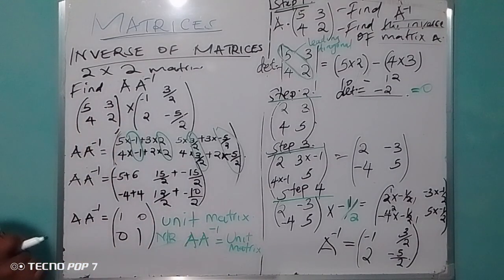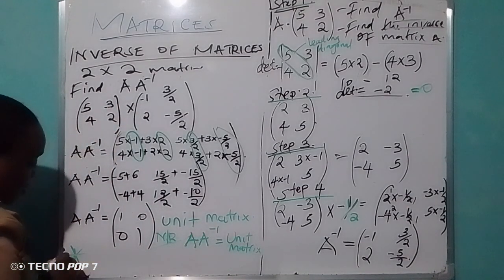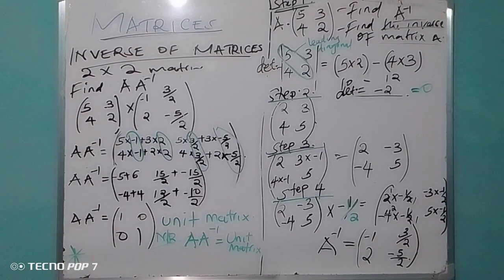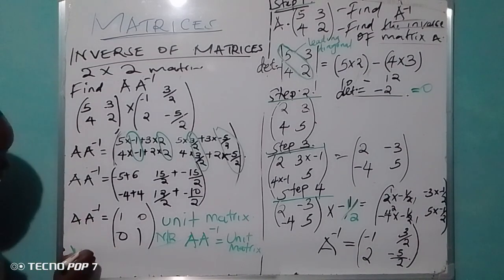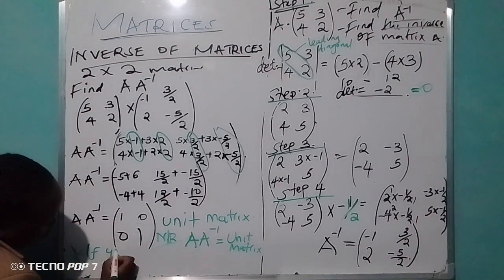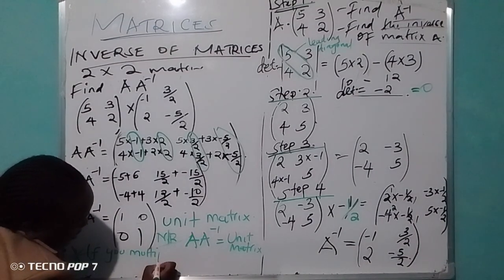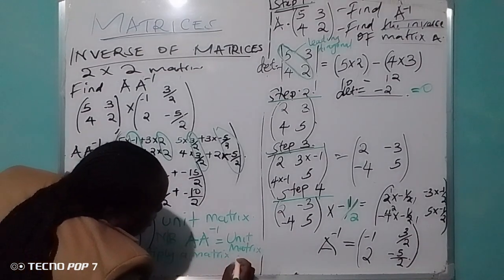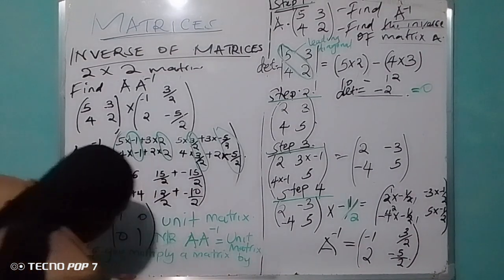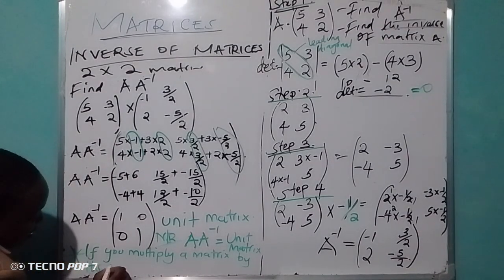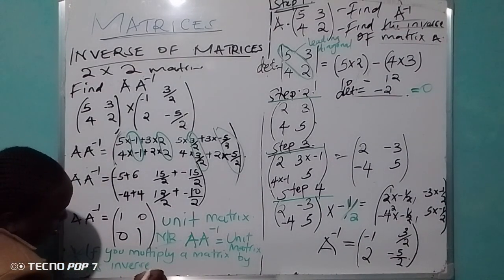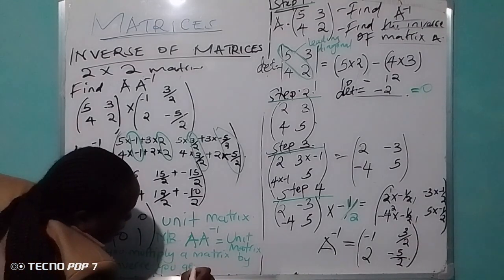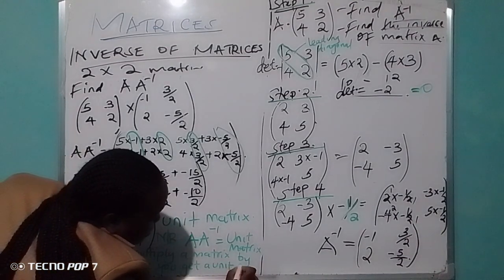But sijui niandike kwa wale NB, nione kama inafika hapo. Iko sawa. NB, if you multiply a matrix by its inverse, you get a unit matrix.